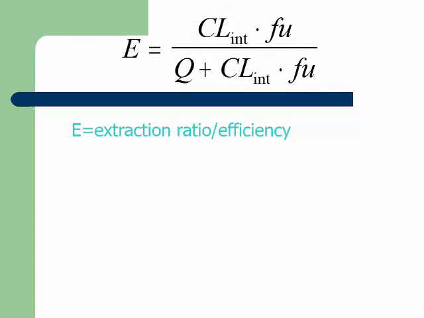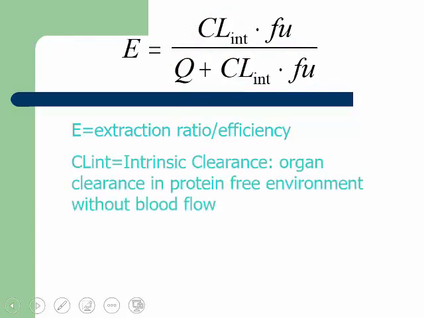Okay. So extraction efficiency is big letter E, and we've already talked about big letter E. It's the percentage of drug that is removed as it goes through the clearance organ. Intrinsic clearance is the intrinsic ability of the organ to eliminate drug.